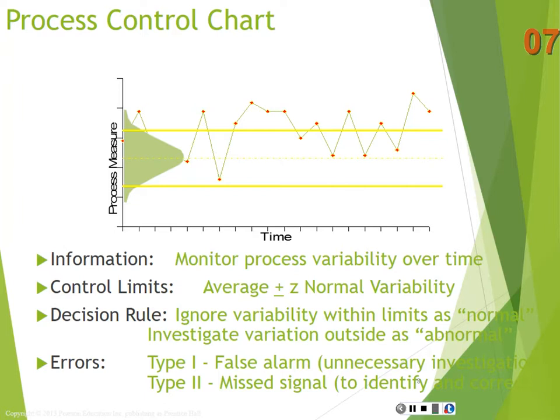And again, we have type 1 and type 2 error, just like you do in your stats classes, right? Type 1 is a false alarm, and type 2 is a missed signal. So type 1 says, I'm identifying something as abnormal that's not really abnormal. And type 2 says, I have something abnormal and I've failed to identify it. Okay, so that ties in with your stats classes.